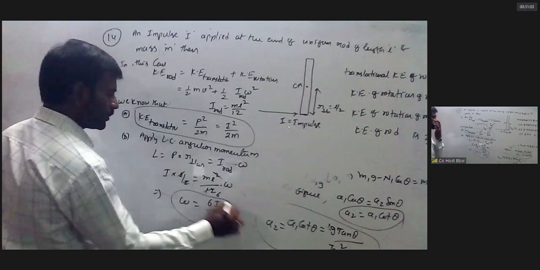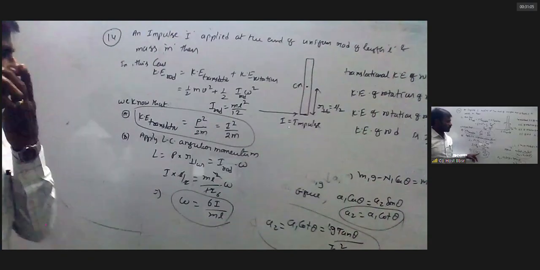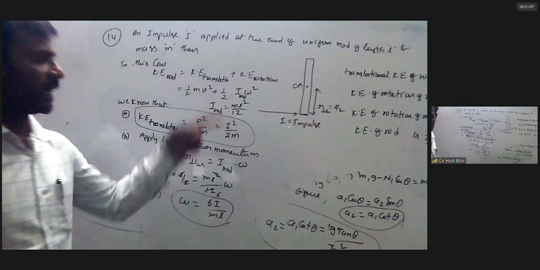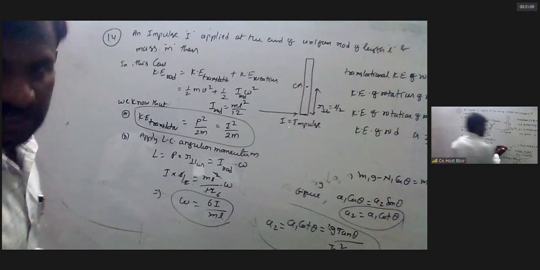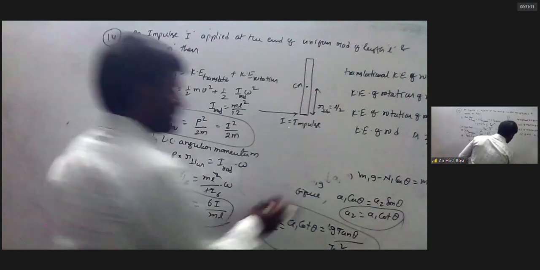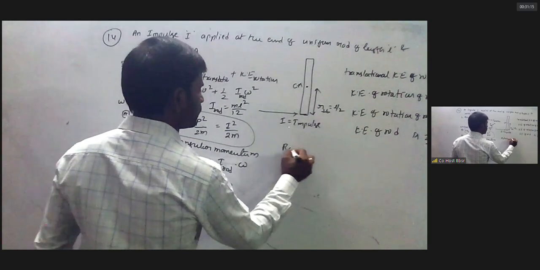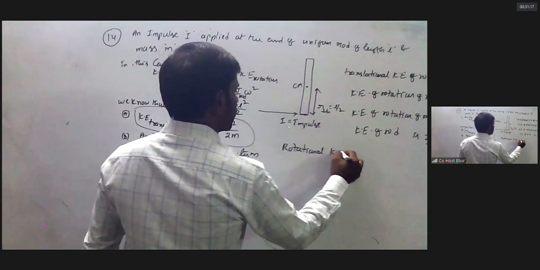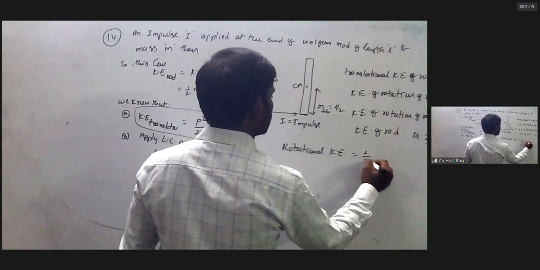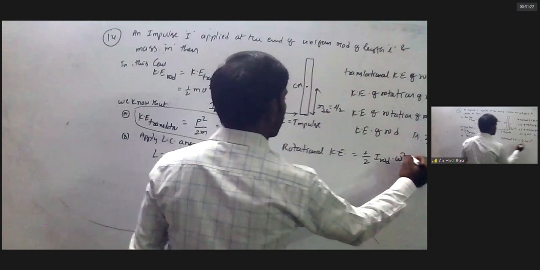Why do we need this omega? Because we calculate the value of rotational kinetic energy. Now tell me, what is the rotational kinetic energy? Rotational kinetic energy equal to half I of rod into omega square.